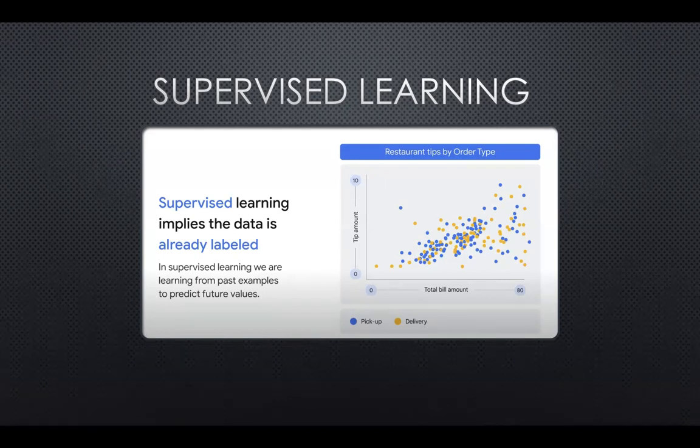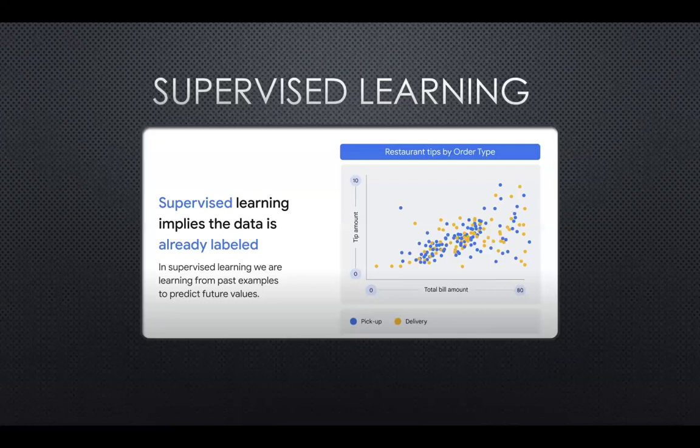As you can see, as the bill increases, the total amount of tips also increases. You can also see that this plot is categorized into two categories. One is pickup and another is delivery. That is, this restaurant is doing these two different modes.